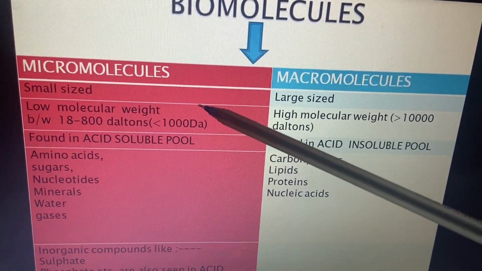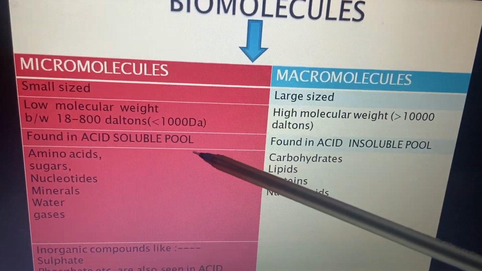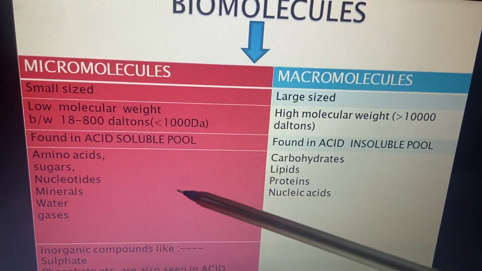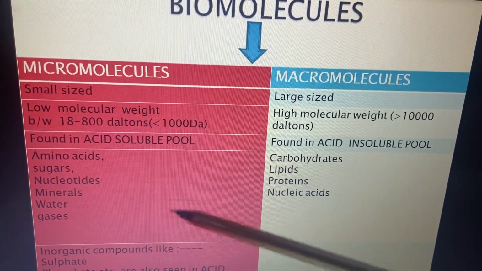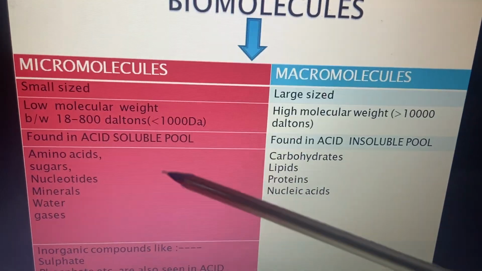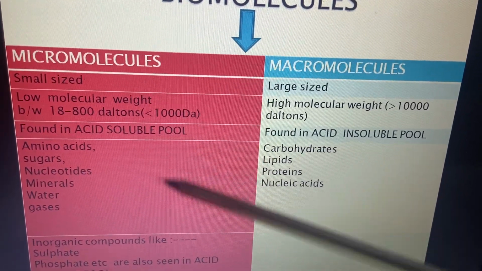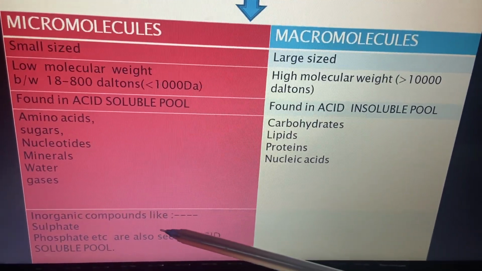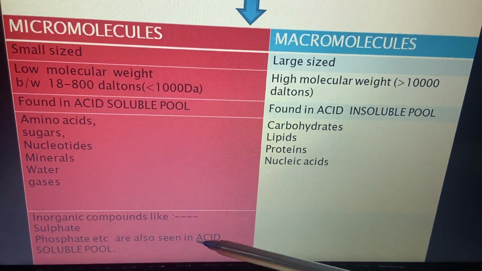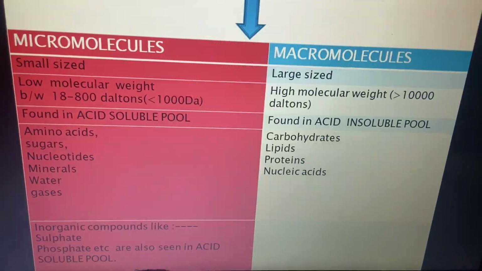Micromolecules means small sized, low molecular weight, found in the acid soluble pool. For example, amino acids, sugars, nucleotides, minerals, water and gases. These are all found in the acid soluble pool. Apart from organic substances, we are also getting some inorganic compounds like phosphate and sulfate in the acid soluble pool.